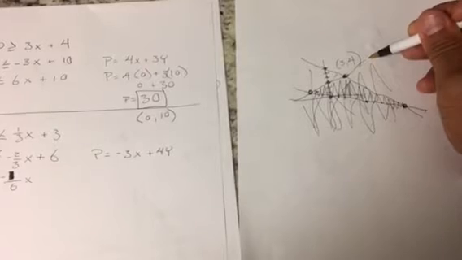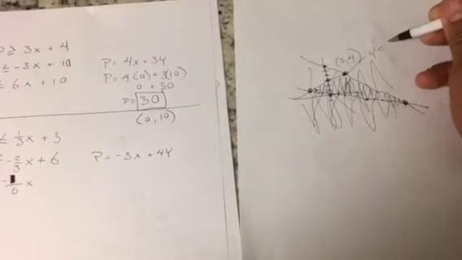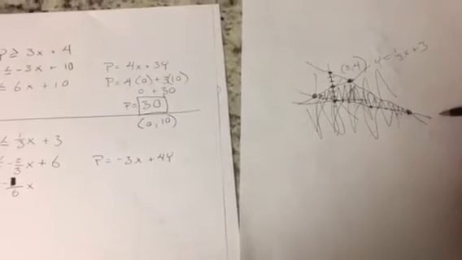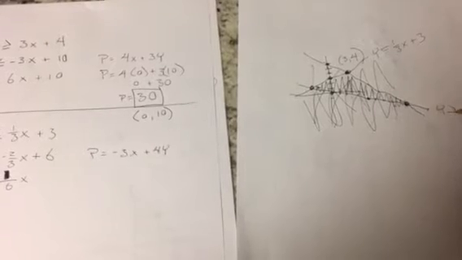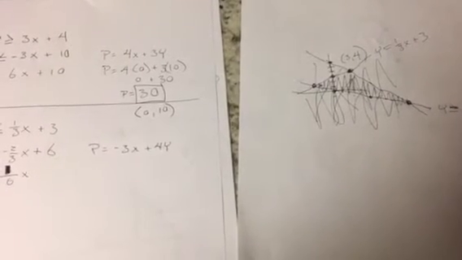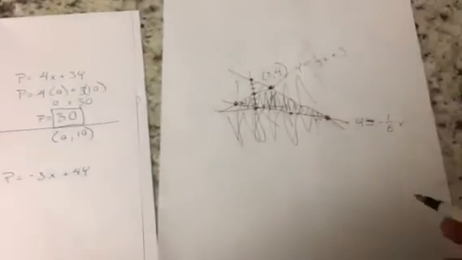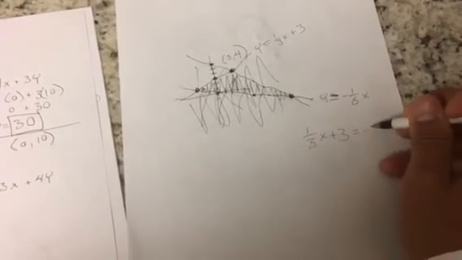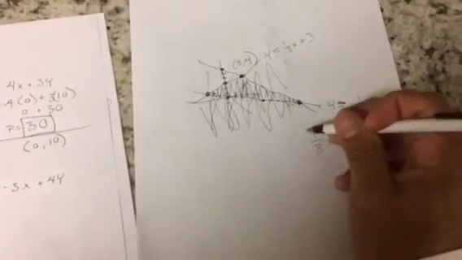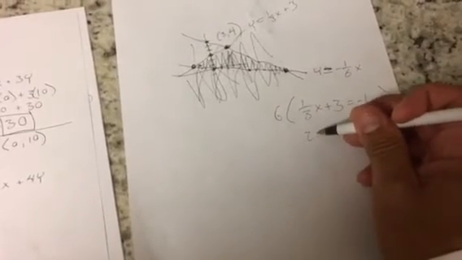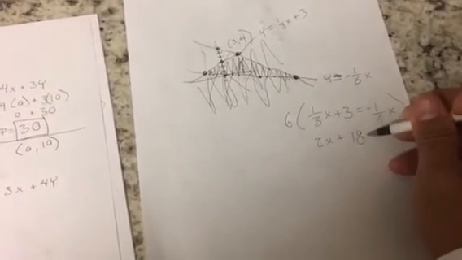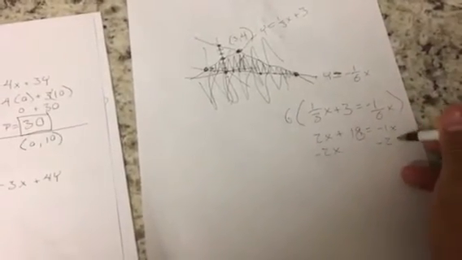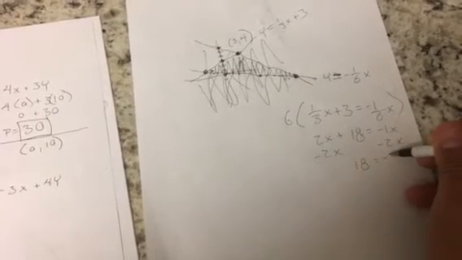So this equation right here was y equals 1/3 x plus 3. This one right here was y is greater than, well, I'm going to put it as equals for this, equals negative 1/6x. I set these two equal to each other. 1/3 x plus 3 equals negative 1/6x. I don't like dealing with the fraction, so I'm going to multiply everything by 6. 2x plus 18 equals negative 1x. I'm going to subtract the 2x. 18 equals negative 3x.